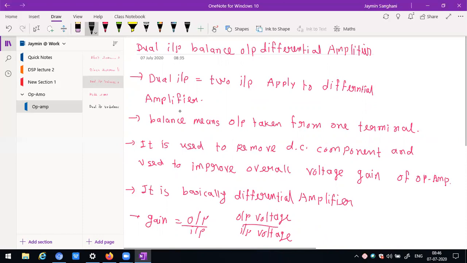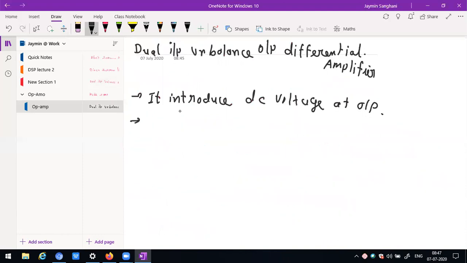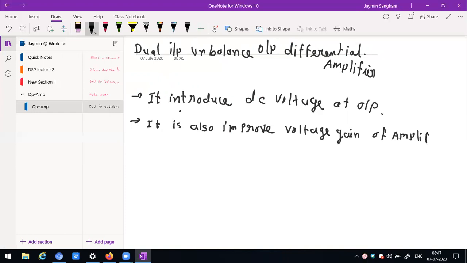DC voltage is not present at the output. Now, dual input unbalanced output introduces the DC voltage at the output, and it also improves the voltage gain of the amplifier.